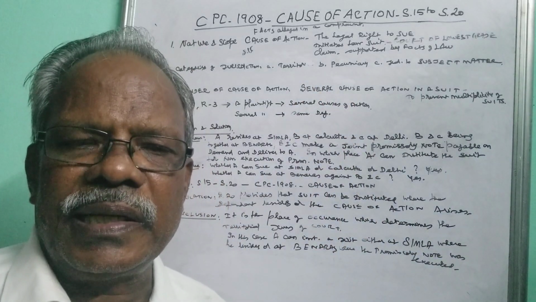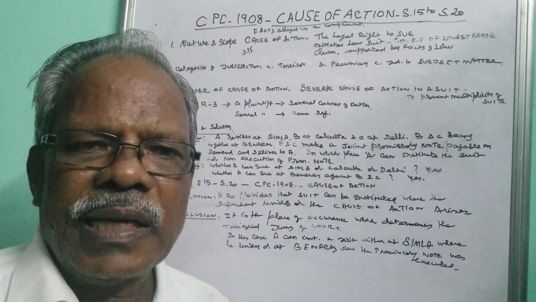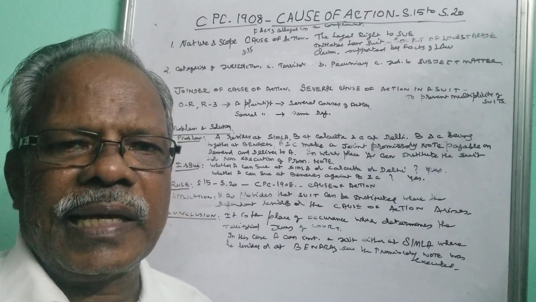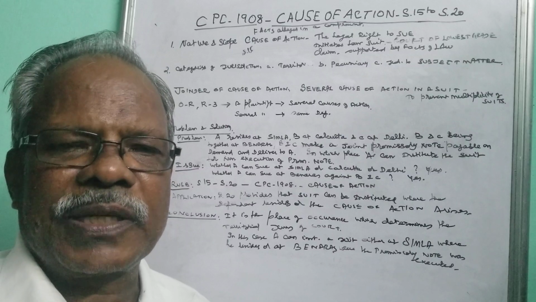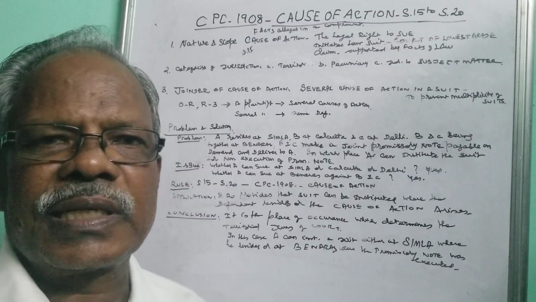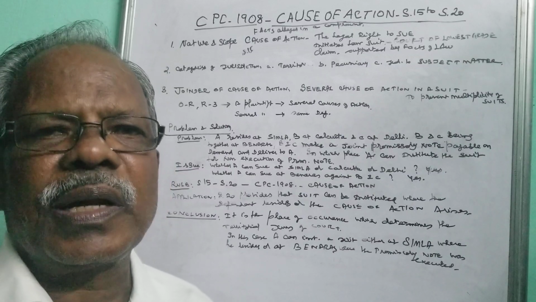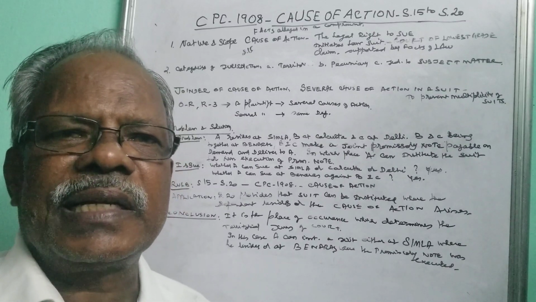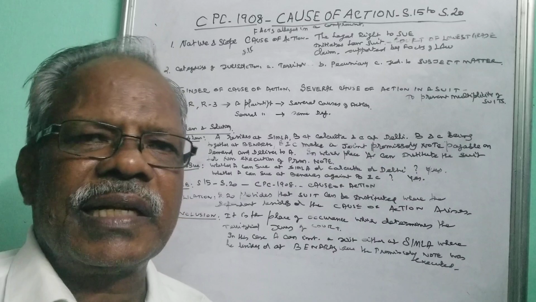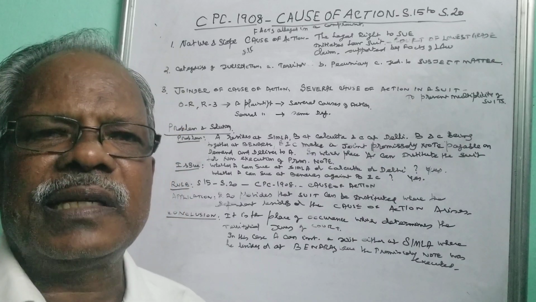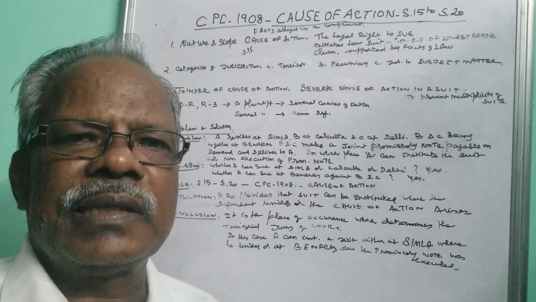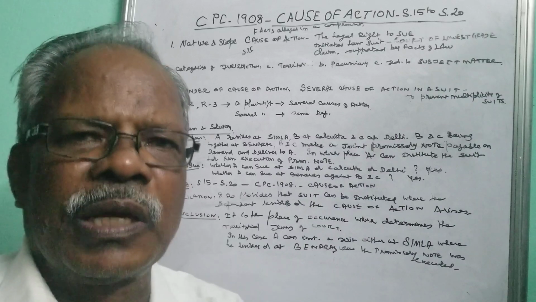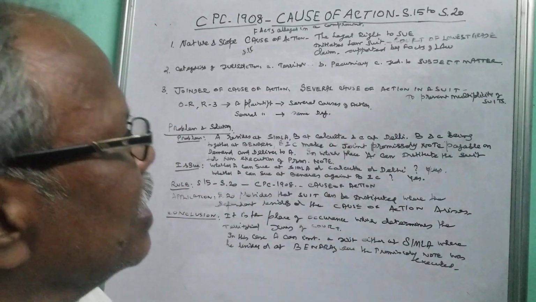Suppose the party resides in a particular place, he may initiate the action where the court is situated. Sometimes when 2 parties are involved, the case may be initiated either at the defendant's side or at the plaintiff's side, as agreed by both the parties. That is called territorial jurisdiction.